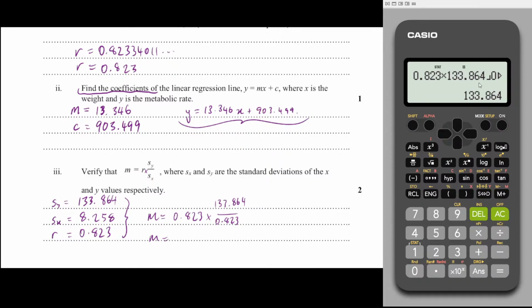133.3. Okay, well, it's going to be a little bit off. It's going to be quite a bit off. Why is it quite a bit off? Did I use the wrong standard deviation, was I meant to use the population?